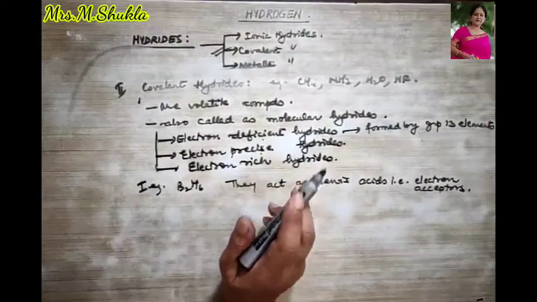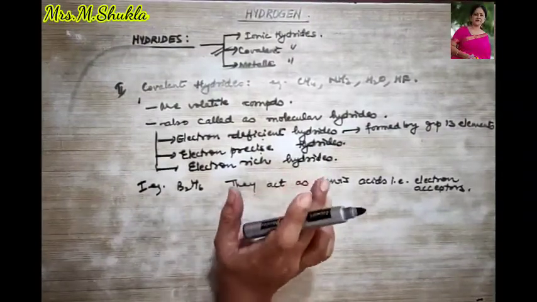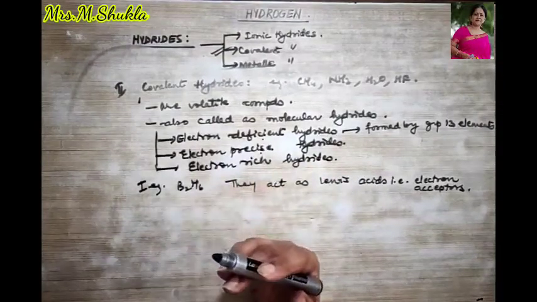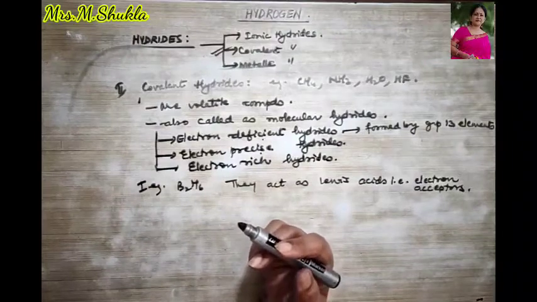Then let's talk about electron precise hydrides. These are compounds that have the required number of electrons to write down their conventional Lewis structures, right?